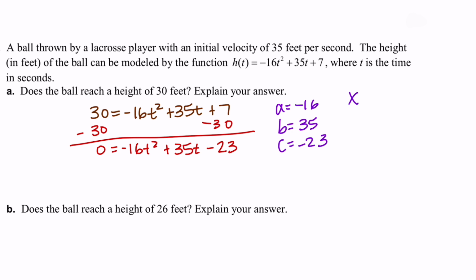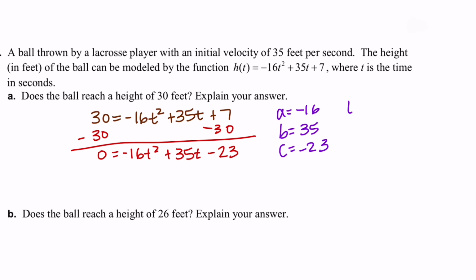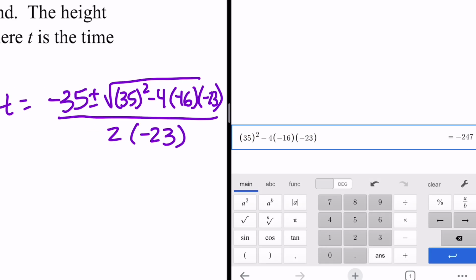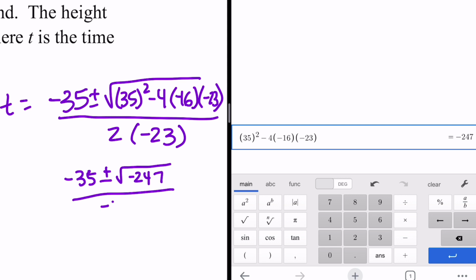This time it's not x equals, it's t for time equals negative b, negative 35, plus or minus the square root of b squared, 35 squared, minus 4 times a times c, all over 2 times negative 16. Now right away, I get negative 35 plus or minus the square root of negative 247, all over negative 32.